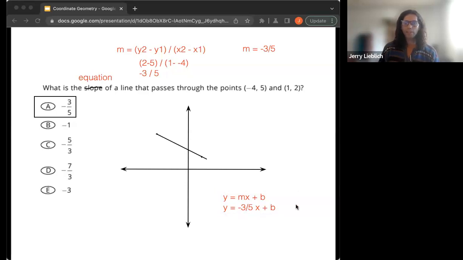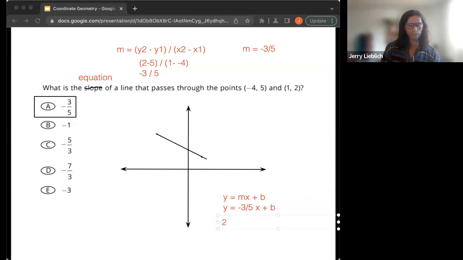What I would then need to do is take one of these two points and substitute them in for x and y, because this line is all of the points that satisfy this equation. So if I know this point is in the equation, I can plug it in and solve for b. So let's do that.